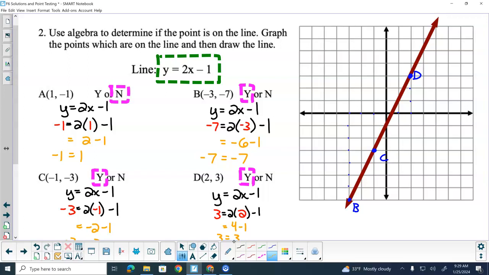I believe it asked us to find another point on the line. Is there another point that our line goes through? Pick one that we haven't done already. We chose that one right there. What are the coordinates of that point? Let's call it point E. Coordinates of that point: 1, 1. Yep.